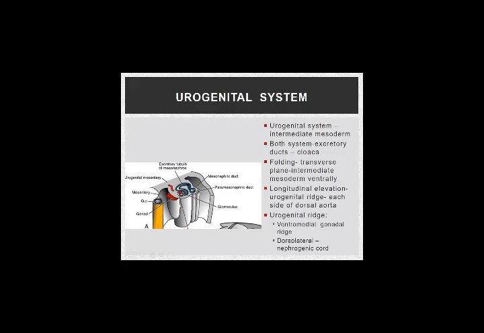Then it gets divided into two, ventral and medial. The cut is in the midline. So a ventromedial part called the gonadal ridge, and a dorsolateral part called the nephrogenic ridge.